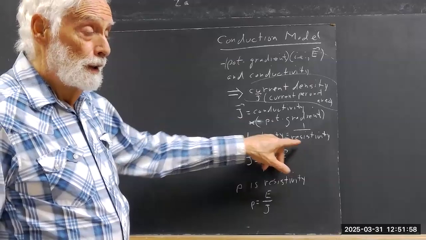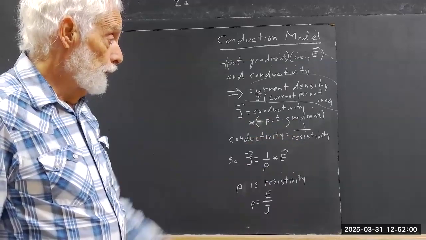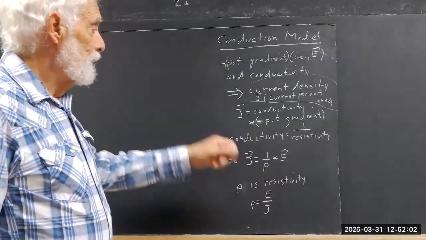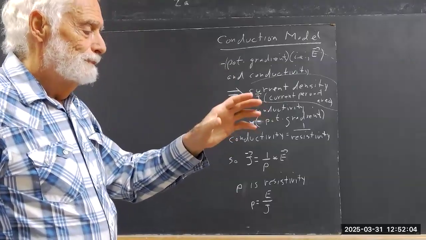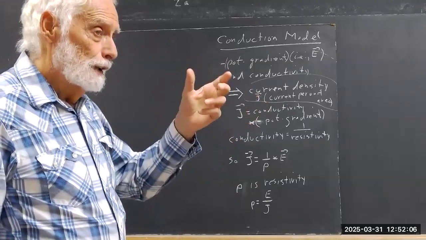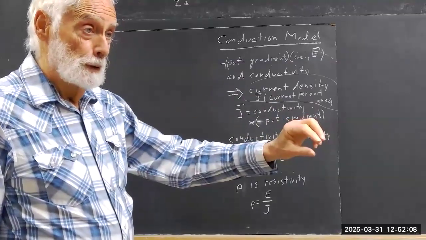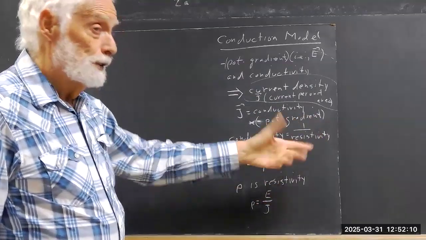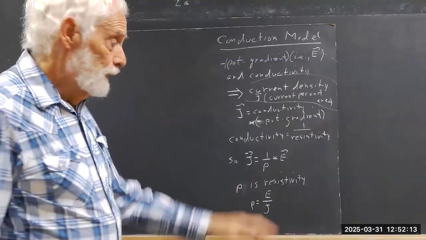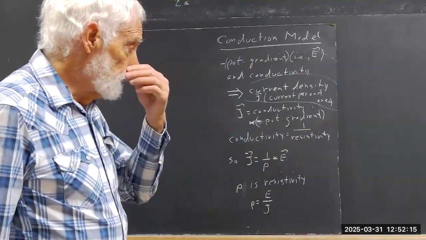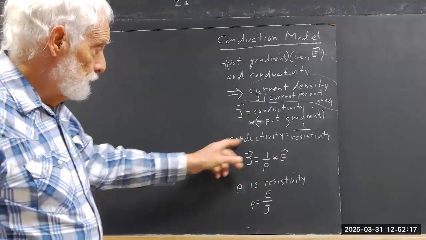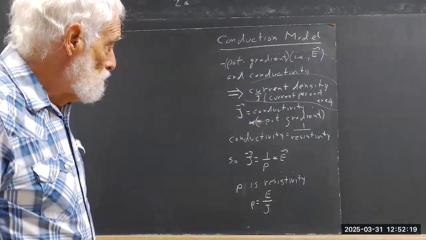For the same material, conductivity is the reciprocal of the resistivity. The greater your conductivity, the greater your current is going to be. The greater your resistance, the less current there is. They have a reciprocal relationship, pretty easy to understand, so make sure you understand that.